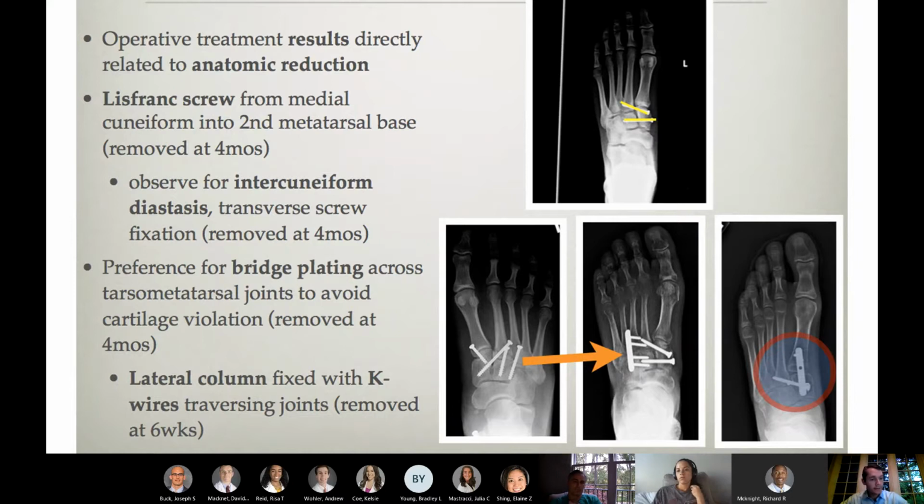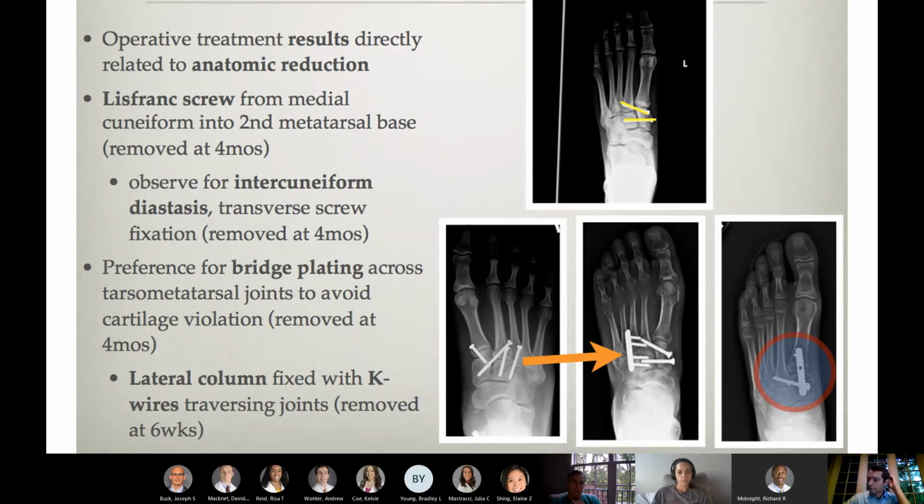The reason is that in 2006, a randomized trial came out for low energy sports type Lisfranc injuries, comparing ORIF with screws, mind you, not bridge plates, but screws across the joints to primary fusion. And they found that primary fusion patients did better, had fewer reoperations, better functional outcome scores. And even the primary author of that paper has not started fusing everybody, but it's sort of given us some perspective that in the right patient, doing a fusion from the beginning is probably the right thing to do.